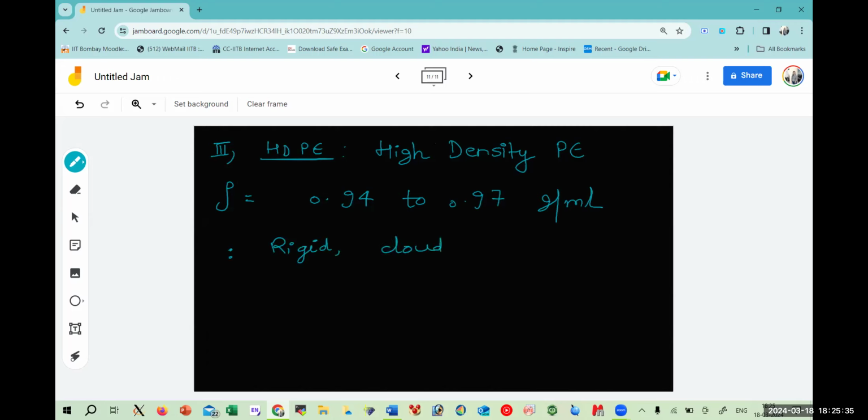They are not transparent or translucent, and they are just a linear polymer chain without any branching.